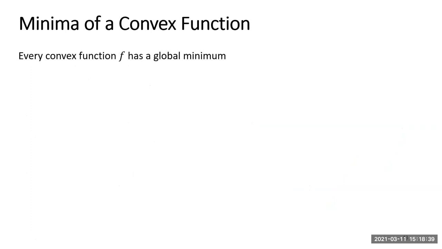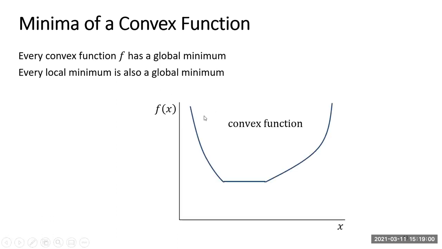Minima of a convex function. Every convex function has a global minimum. Every local minimum is the same as a global minimum. In other words, the convex function f does not have other local minima. It just has the global minimum.